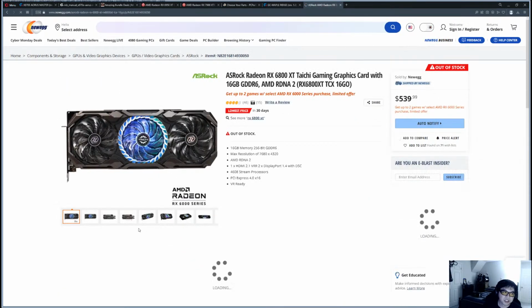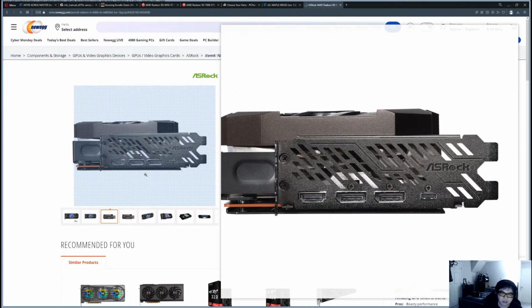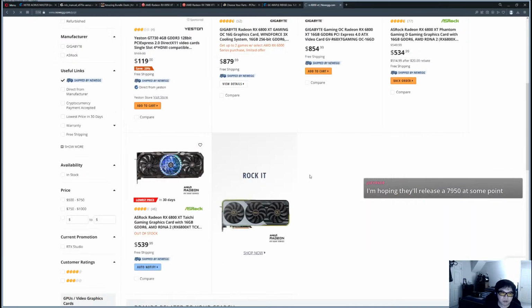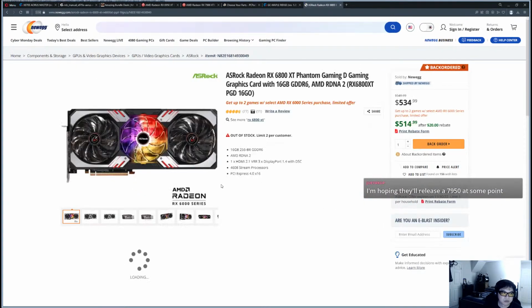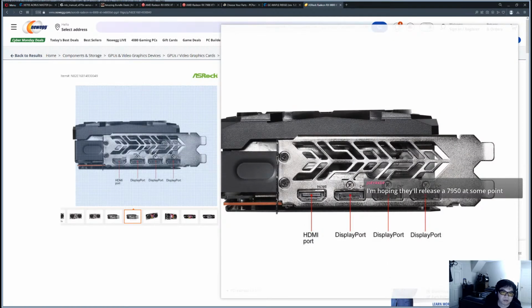The USB-C. Oh, you know how I am about USB-C on graphics cards. Yeah, this is kind of like the reference card because it's got that USB-C port. Did the other one have that? Oh no, see, this one has the 3 display ports.